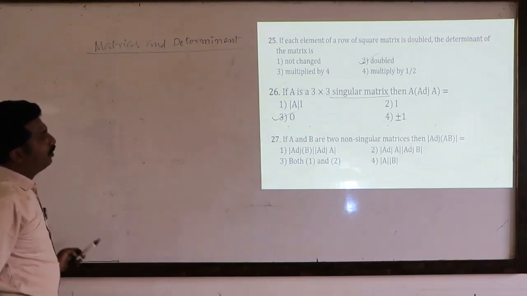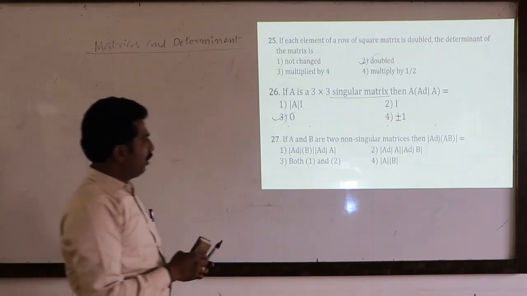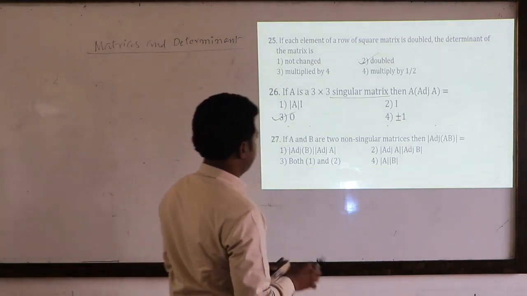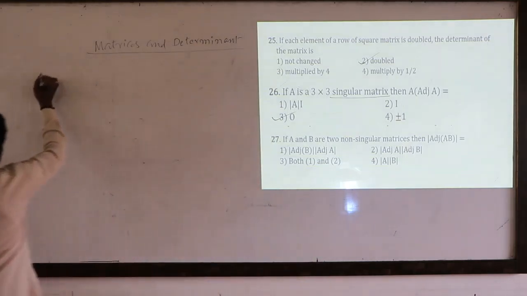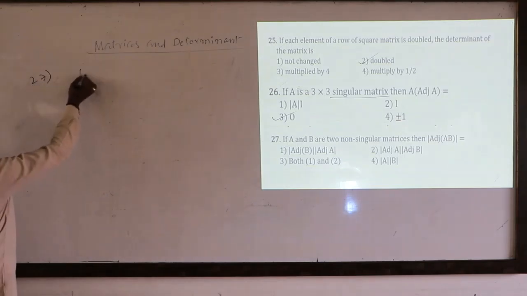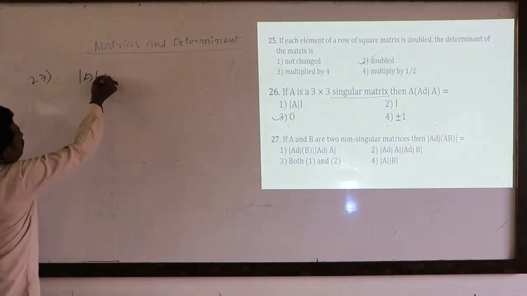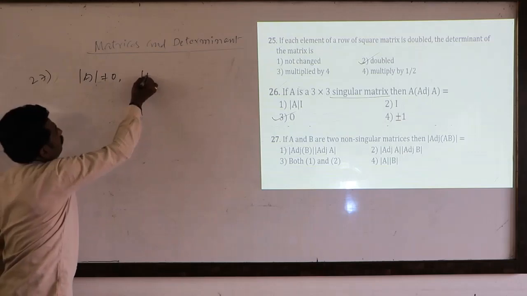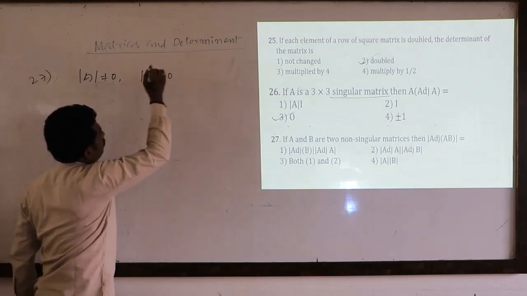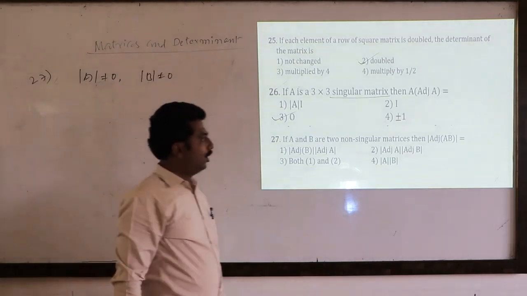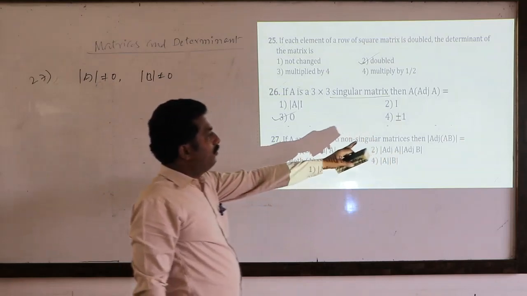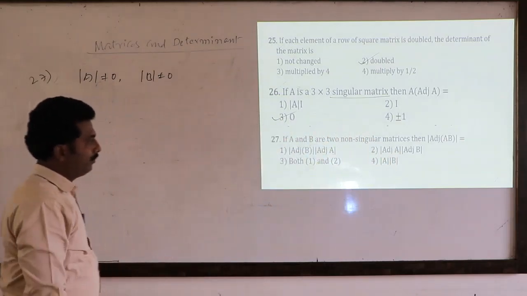Question. If A and B are two non-singular matrices, determinant of A is not equal to 0, determinant of B is not equal to 0, then what is the determinant of adjoint of AB?